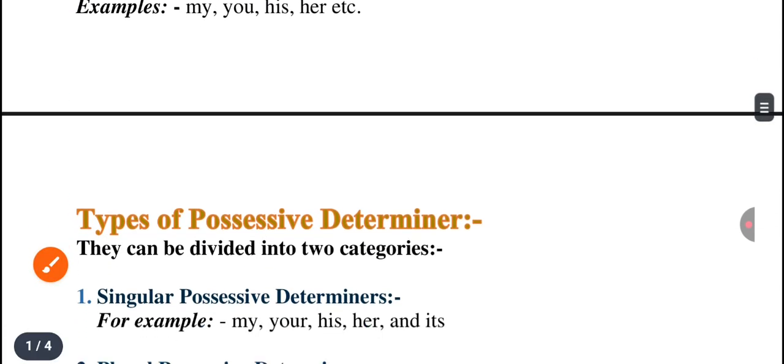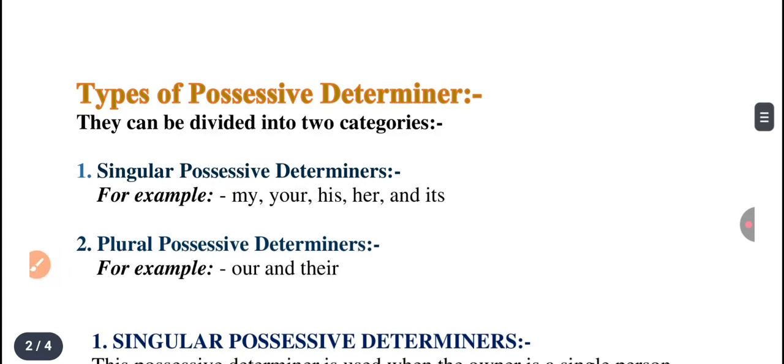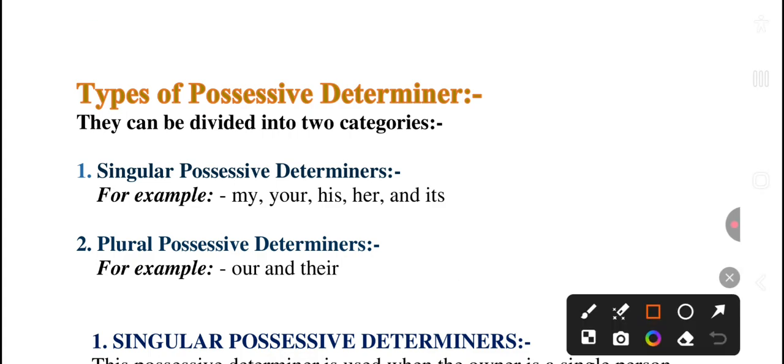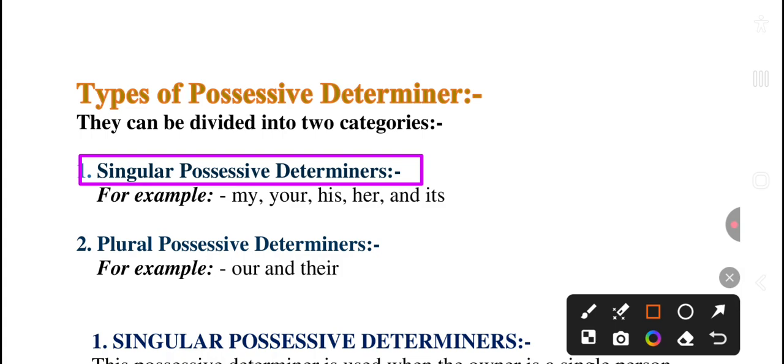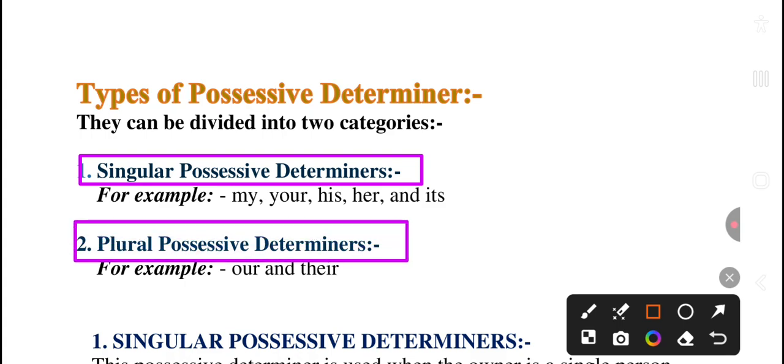Now we should know the types of possessive determiners. The first one is singular possessive determiners, for example, my, your, his, her, and its. The second type is plural possessive determiners, for example, our and their.